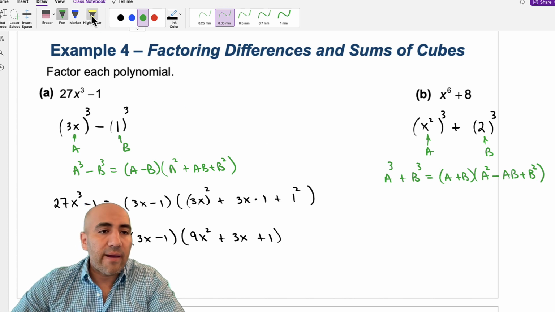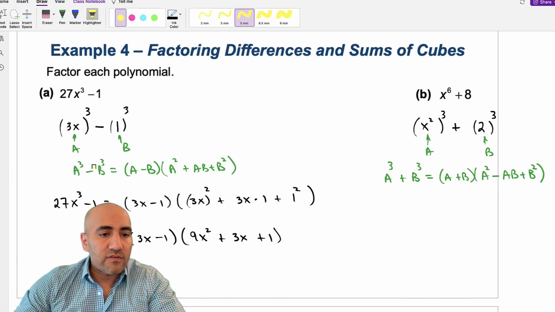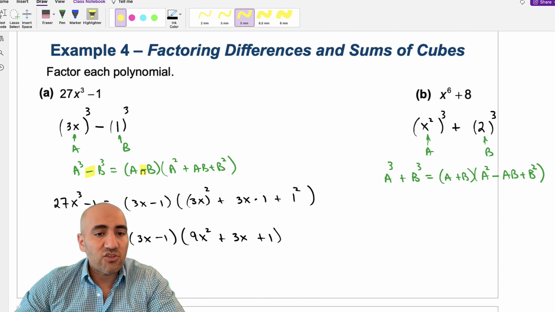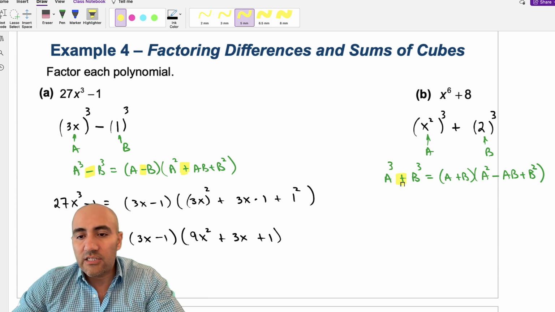Notice the pattern here. When I have subtraction here, then this first binomial has a subtraction there, and then it has a plus right there and a plus right there. When we have an addition right there, then that is an addition there, but then this one is a minus.